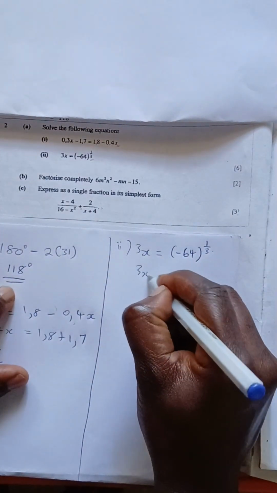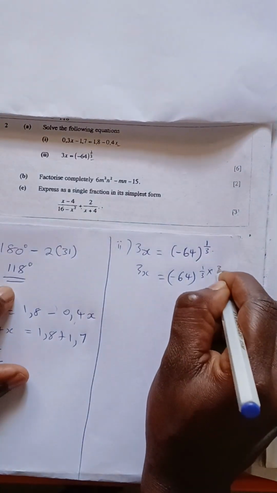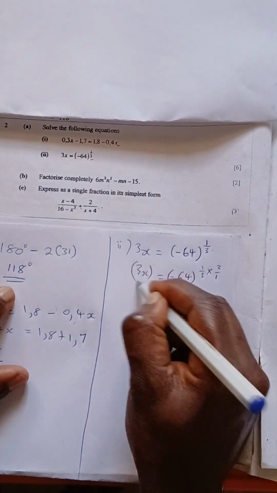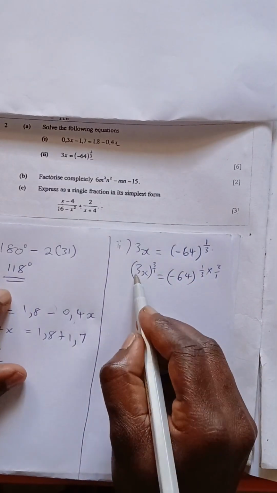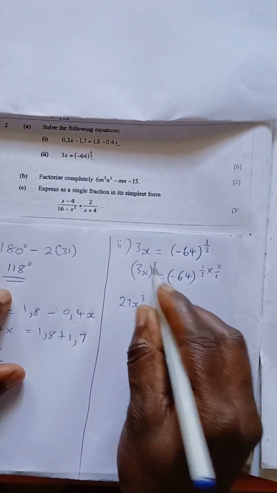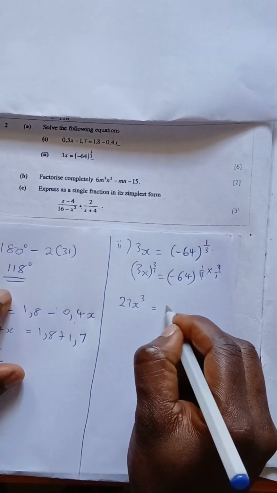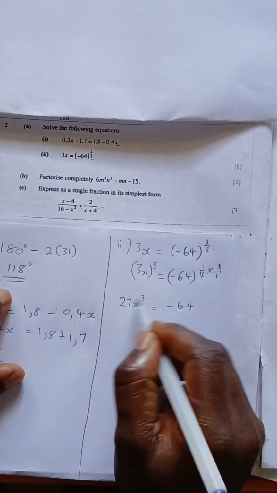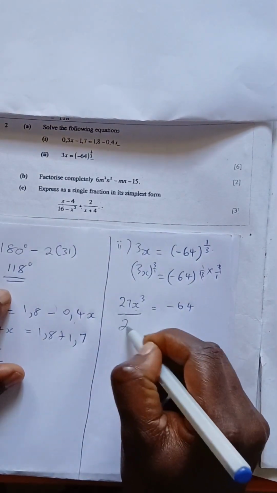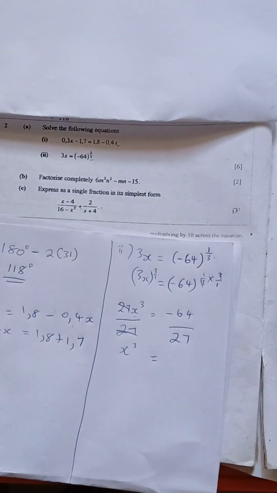So we have 3x is equal to negative 64 to the power 1/3. You multiply by 3/1 to remove this power, so both sides to the power 3. So we get 27x to the power 3, you put everything to the power 3, which is equal to negative 64, right? We want to find the value of x, so we divide by 27 both sides. So we have x to the power 3 is equal to 64 divided by 27.